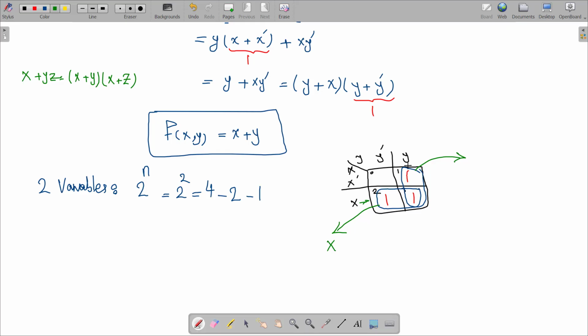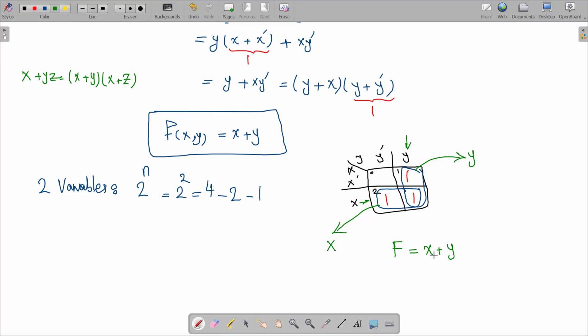If you look at this group, we have 2 ones in this column. Now if you look at x, here is x', here is x. It means that x is changed, so I cannot write it. But if you look at this column, y is constant. Write y. Now f is equal to x + y.